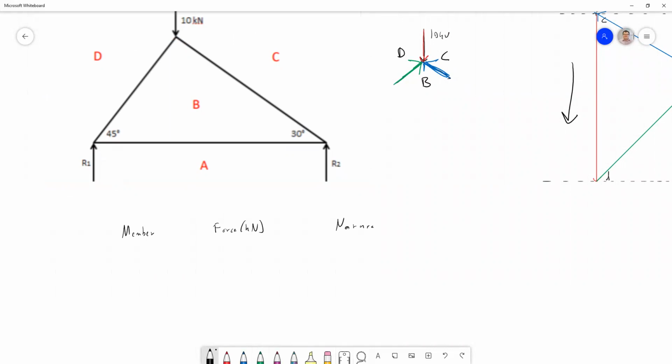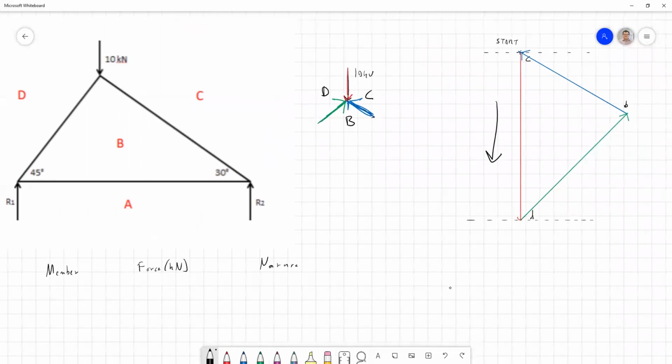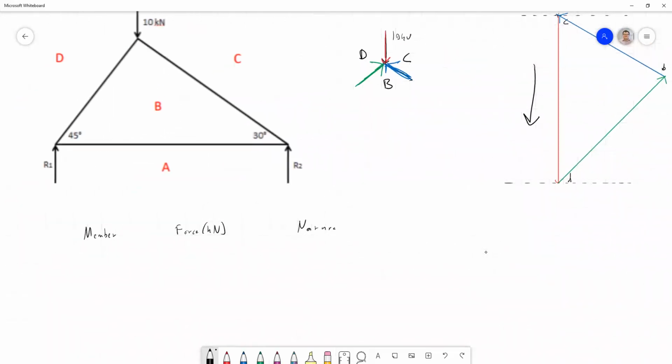Let's look at the first two we found. We have the one we called BC, and then the one we called DB.